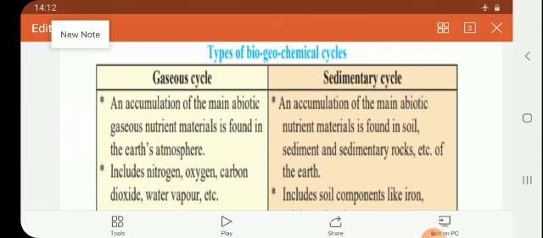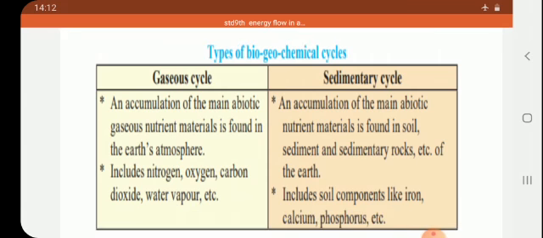Are you clear? Biological means living things, geological means the minerals coming from the soil, while the chemical substances which are present in the food are recycled, passed from one organism to the other. You had studied various cycles till now.